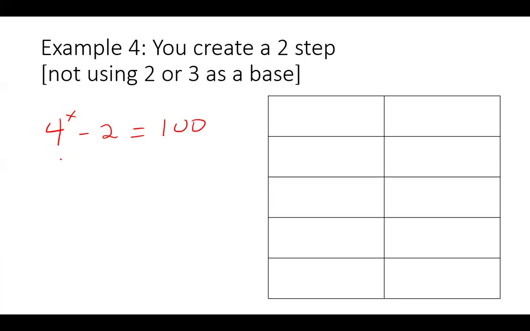And I have to get 4 to the x, so I'm going to have to add 2, which gives 4 to the x equals 102. I would have made you work a little bit. I would have made you multiply a little bit more than you guys. You guys were nice for the most part. No one had to multiply too much. But you'd have to keep going until you got to 102 or close to 102, right? And so essentially, as long as you understand that's the estimating, then we're golden.